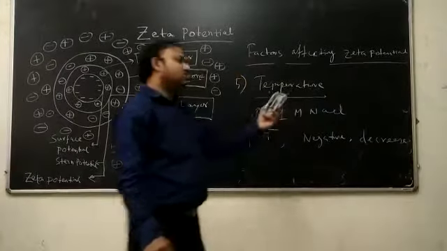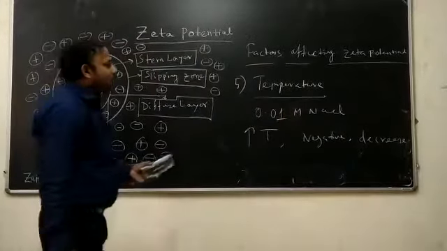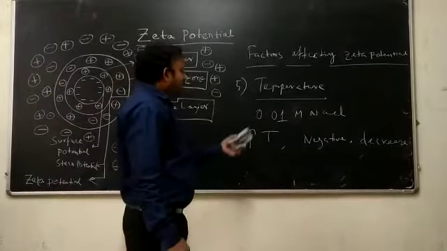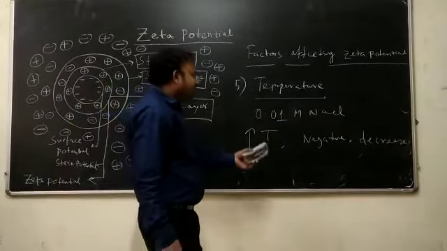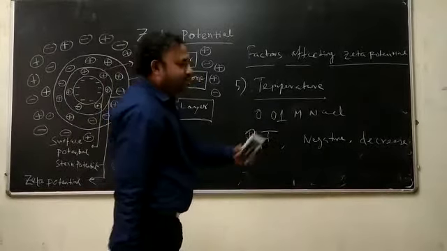At the low concentration of NaCl, 0.1 mole per liter, as we increase the temperature, the zeta potential becomes negative and decreases.